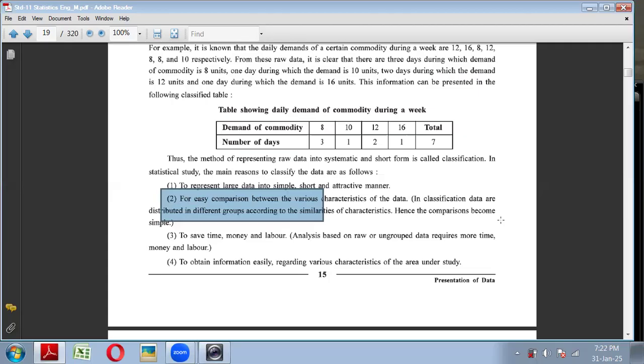Easy comparison between the various characteristics of data can be done, right? Here you can make a comparison when you have data. Suppose here we have demand of commodity A. If I have data about demand of commodity B, then both the data tables can be compared.